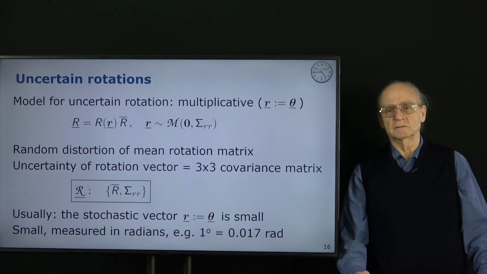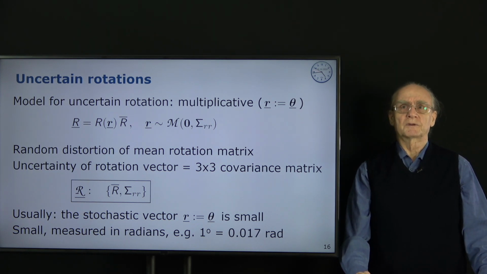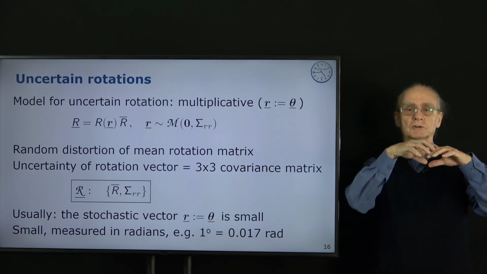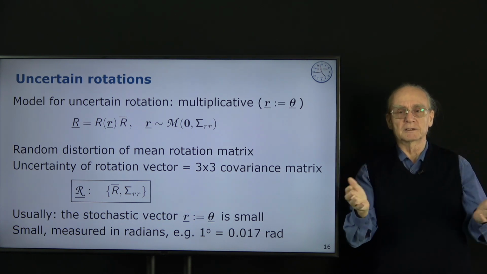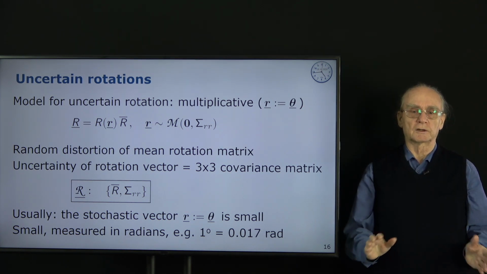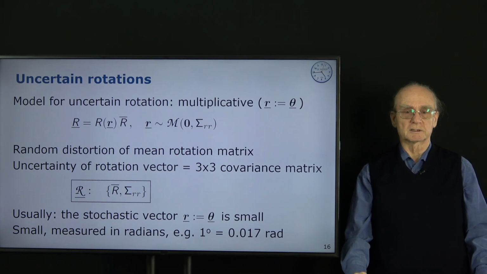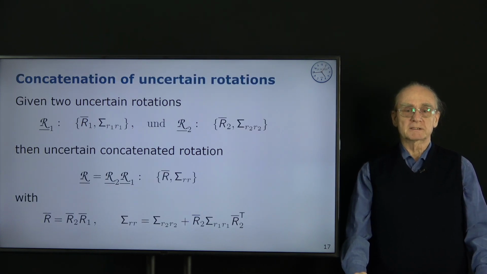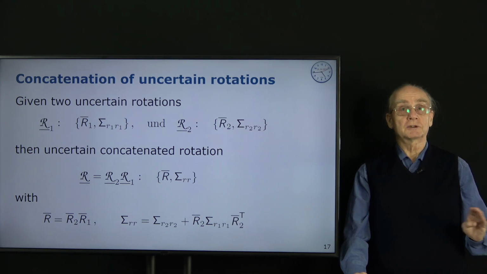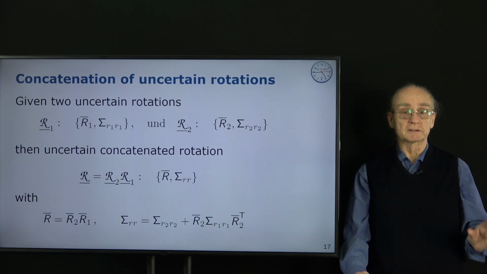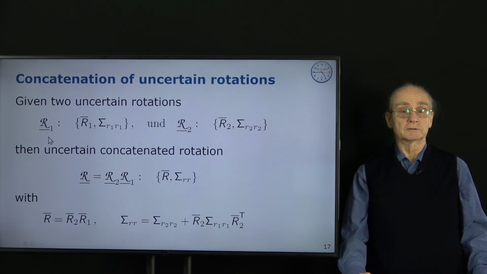If you have larger deviations, things are more complicated because, for instance, if you have random variations which are larger than 10 degrees, 20 or even 50 degrees, then you need to have a different representation than that what I discussed here. Now let's assume we have 2 uncertain rotations and we want to concatenate them. Of course, the concatenation is also uncertain. So let's assume we have an uncertain rotation R1 and an uncertain rotation R2 with the mean rotations and the covariance matrices.